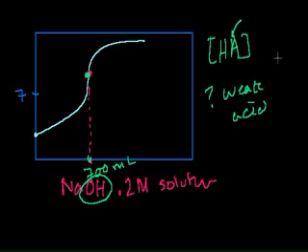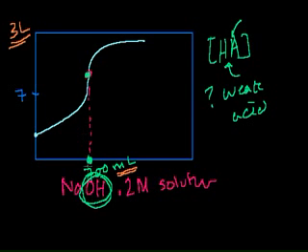So this 700 milliliters of our reagent must have the same number of moles as the number of moles of weak acid we started off with. And let's say our solution at the beginning was 3 liters.